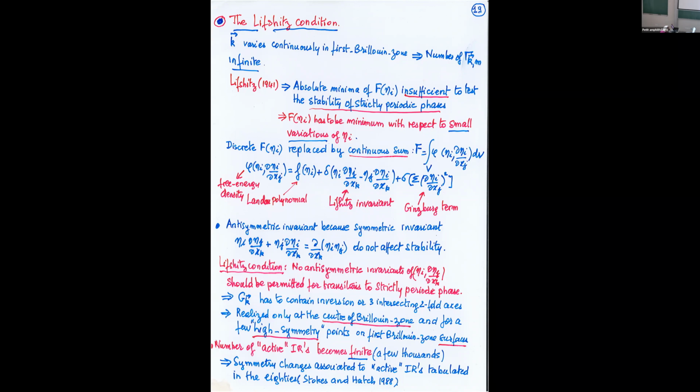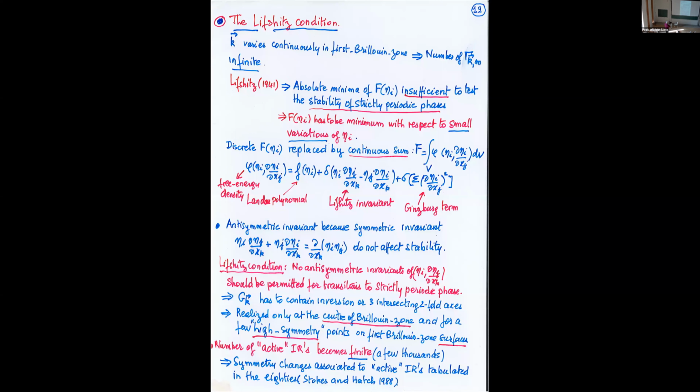And f has to be not only a minimum, if you want a strictly periodic structure, but also a minimum with respect to small variations of the order parameter. Small means, for example, proportional to the first derivative. But the first derivative, let's say d eta over dx, is not invariant by the high symmetry group, because it is proportional to eta, and we know that we don't have any linear term, so we don't have first derivatives by themselves.